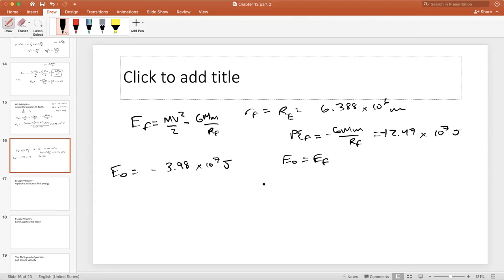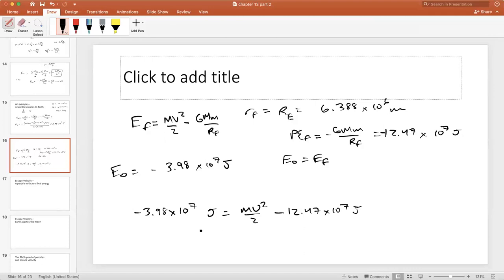So let's see if we can find this mv squared. Noting that E initial is equal to E final, we get minus 3.98 times 10 to the 7th joules is equal to mv squared over 2 minus 12.47 times 10 to the 7th joules, right?